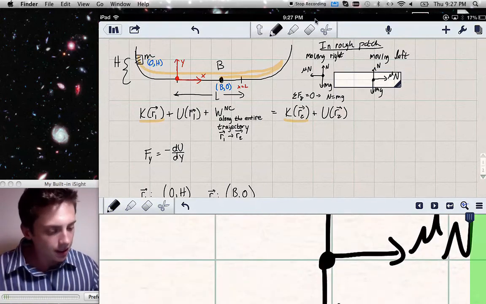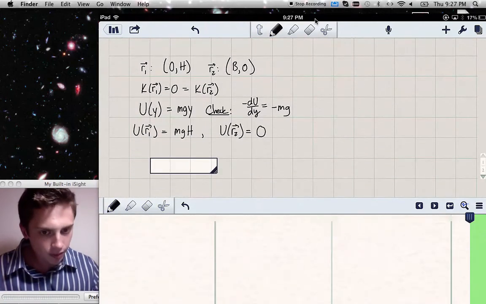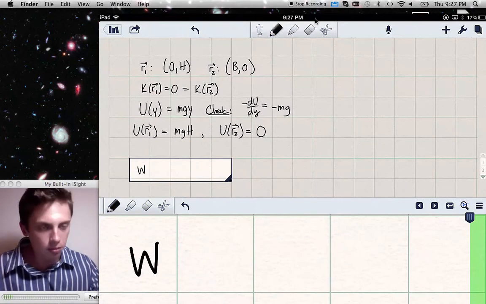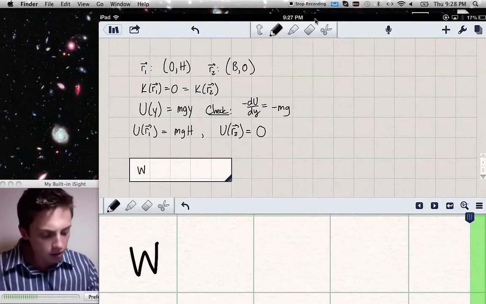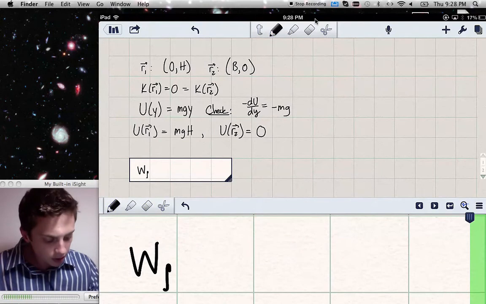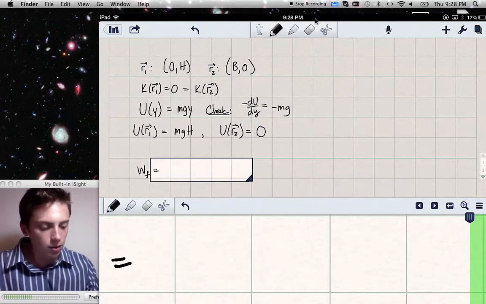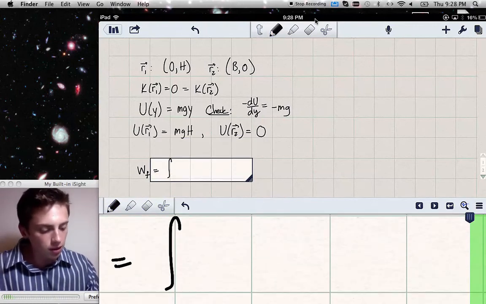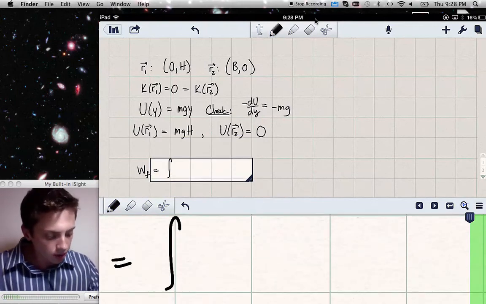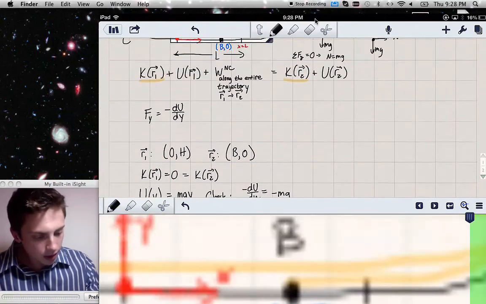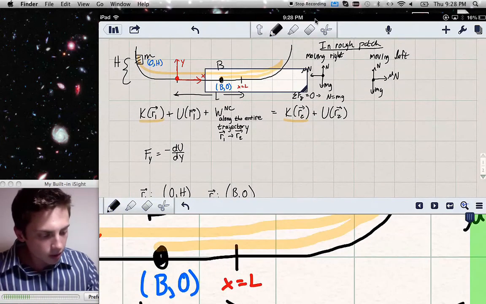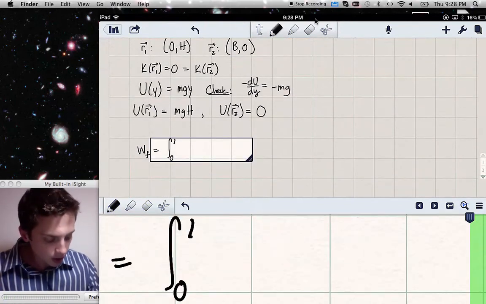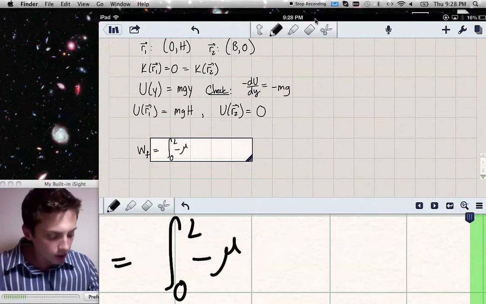It's helpful to look at the picture, so make sure you have a picture drawn of this while you're doing this. The work done by friction, the non-conservative force from R1 to R2, along the entire trajectory, we split into two parts. We do the work done by friction from 0 to L, and then from L to B. From 0 to L first, the friction force is to the left and N is mg.